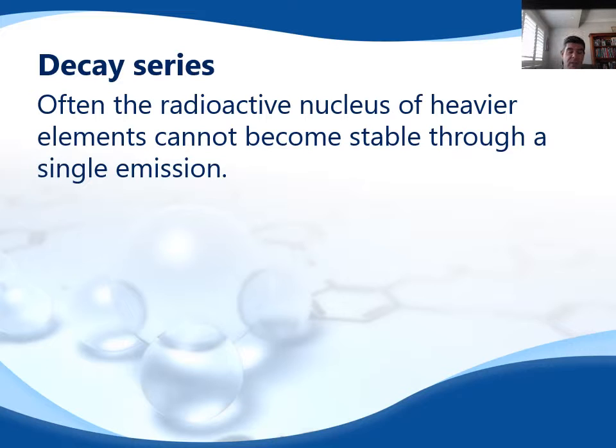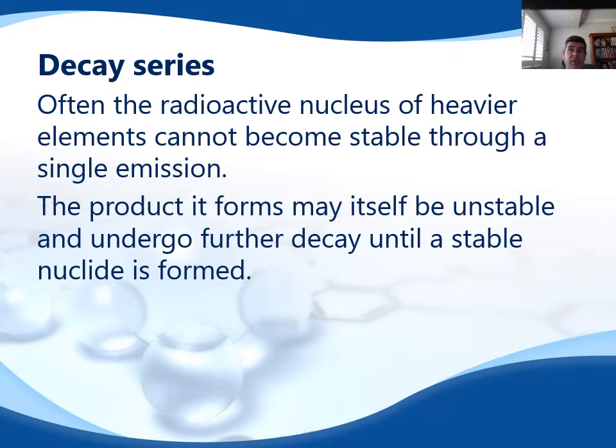We have looked at this again through the uranium decay series, where the nucleus is very large, larger than about 82, 83. If it's just a little bit larger, then we can have an alpha decay that can bring it back into a stable size. But if it gets much bigger than that, and some of the very large ones that have been discovered more recently are very, very large atoms, they often go through a sequence of emissions in order to reach stability.